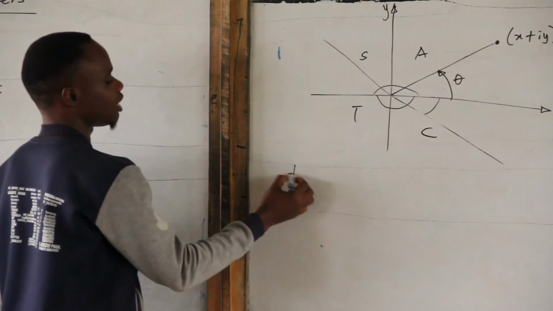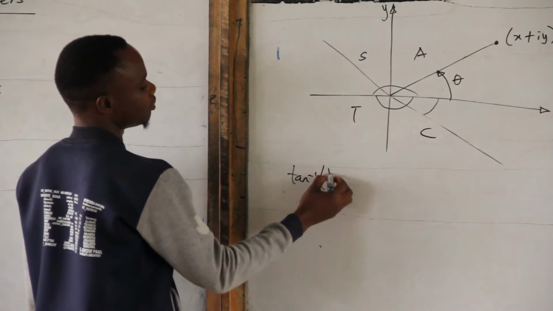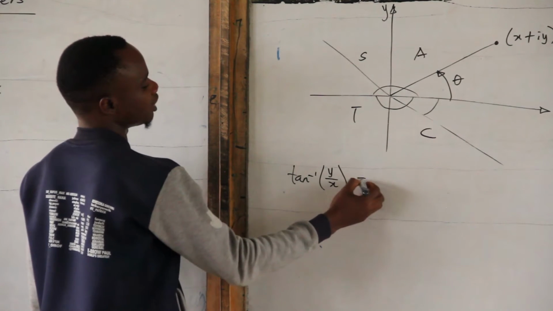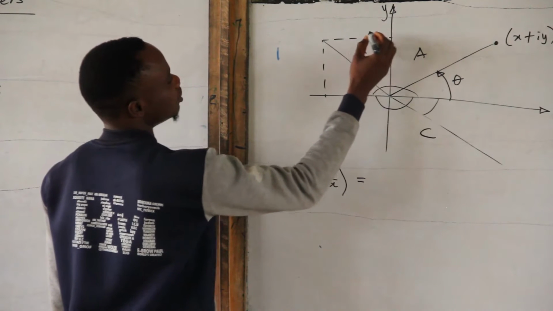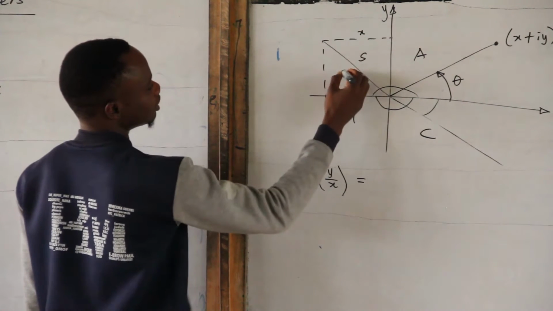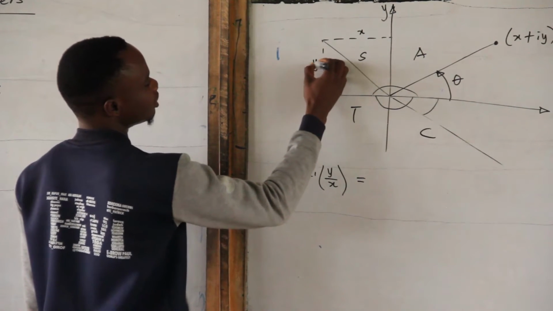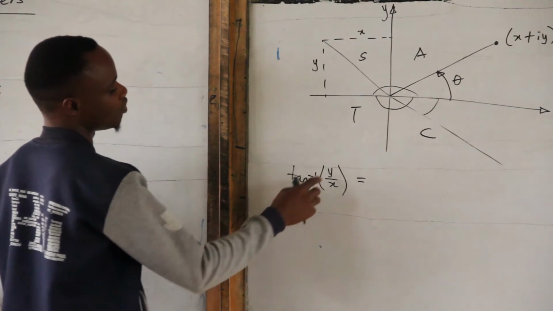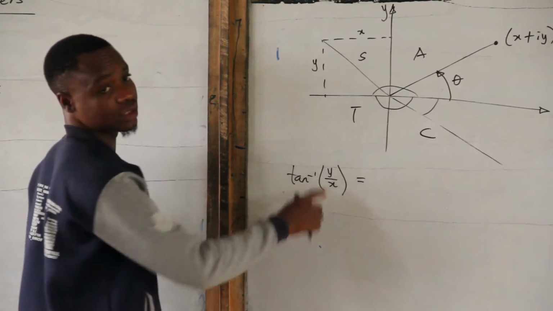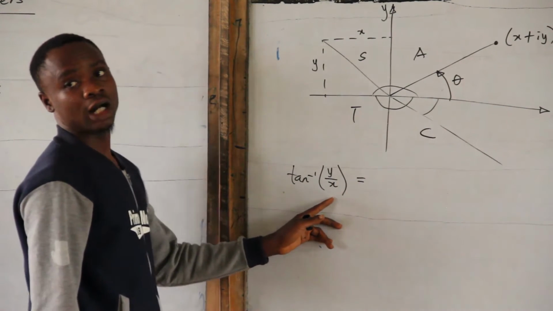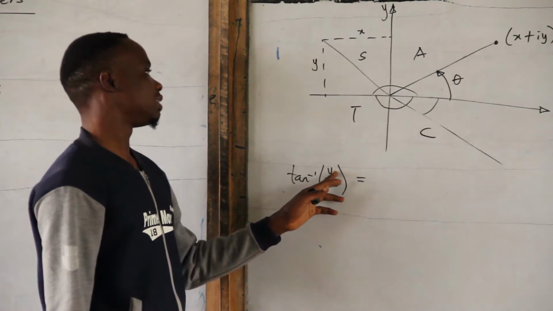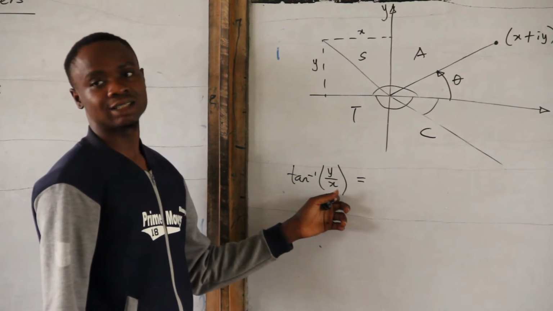So when you take the tan inverse of y over x right here, what do you think that is going to give you? So this is your x and this is your y in this case. If you take tan inverse of y over x, that means tan of the angle is y over x, and that means y is opposite the angle and x is adjacent to the angle.